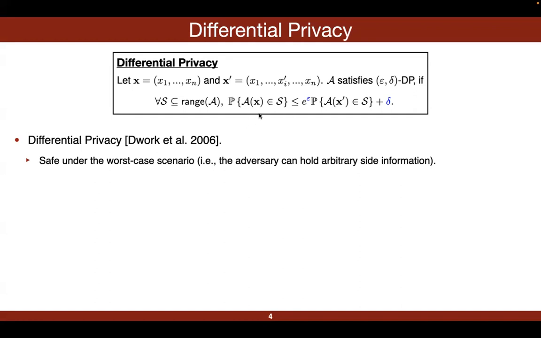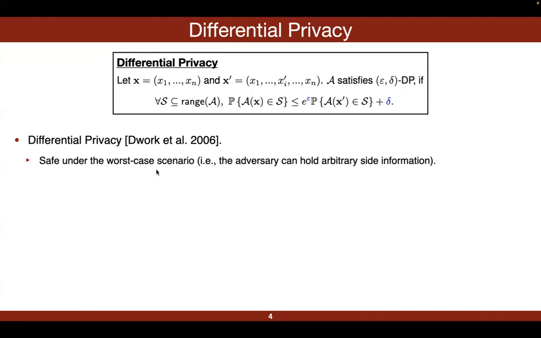There are two parameters, epsilon and delta, that specify how indistinguishable the output distributions are under X and X prime. We call X and X prime two neighboring data sets if they differ at only one entry, in this case Xi and Xi prime.